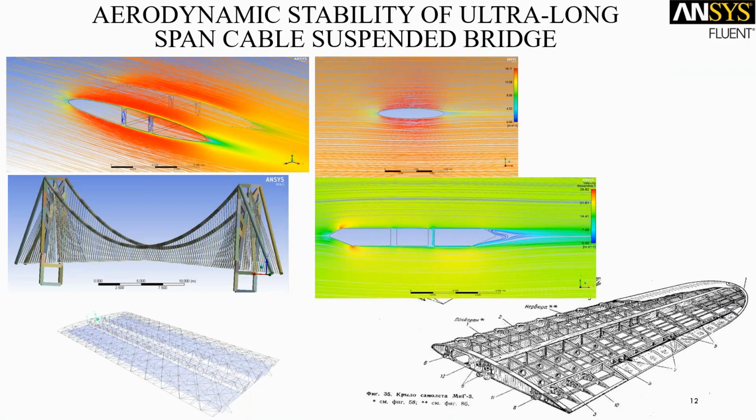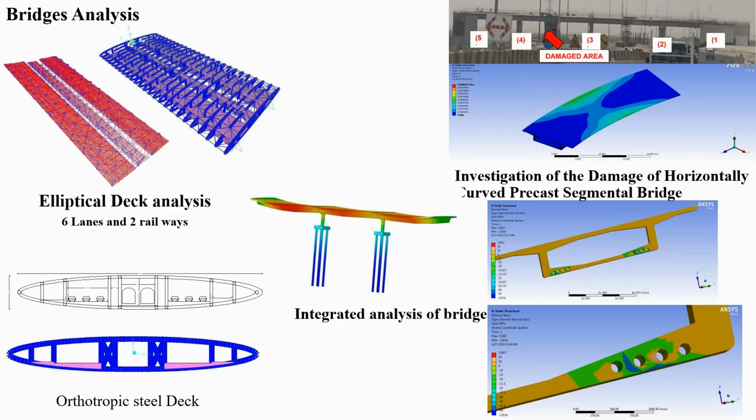Referring to my PhD thesis, this is a part of my PhD models using ANSYS Fluent for analyzing aerodynamic forces acting on the bridge, and the structure analysis using ANSYS or SAP 2000. On continuing my work, I worked with my student on the assessment of different bridges.